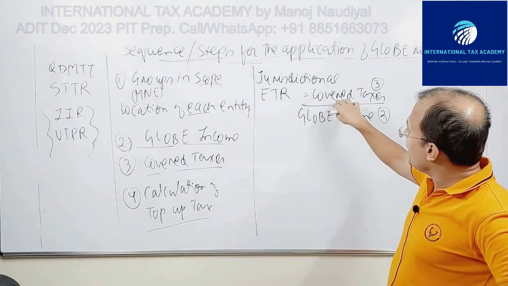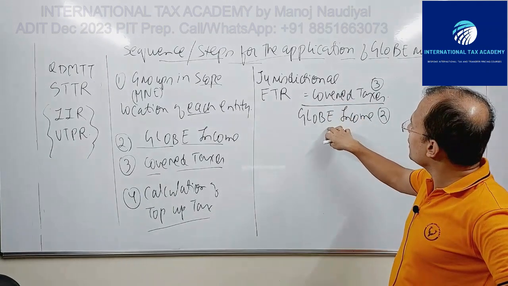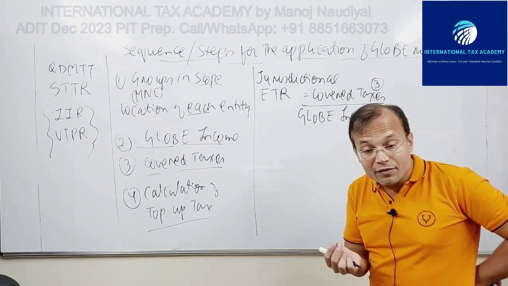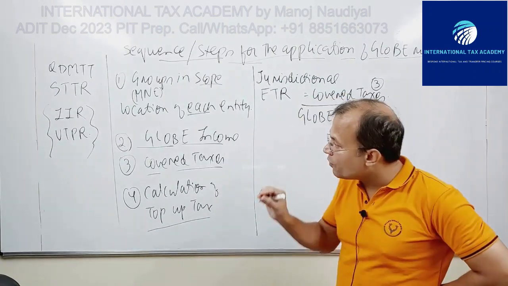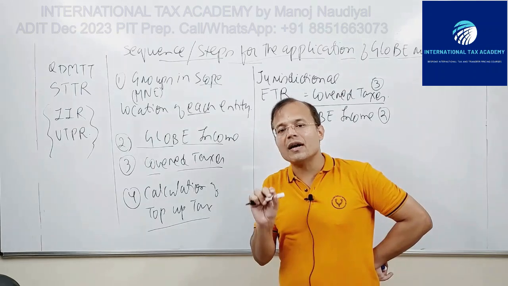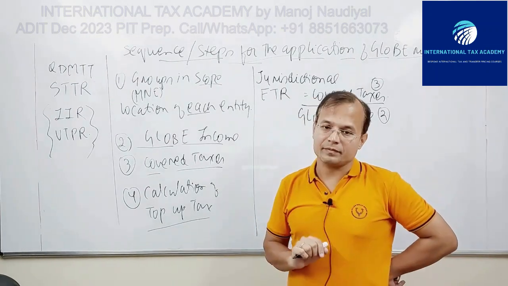So if you divide the covered taxes by the GLoBE income, taxes by income, that will give you the effective tax rate. And because that is specific for a particular country, it is known as jurisdictional ETR.